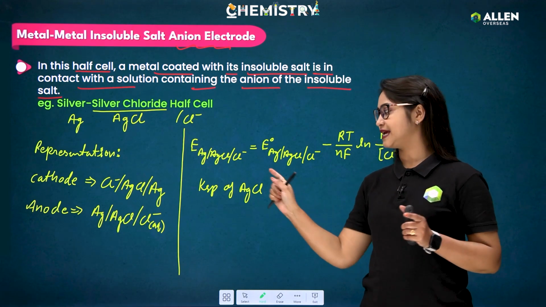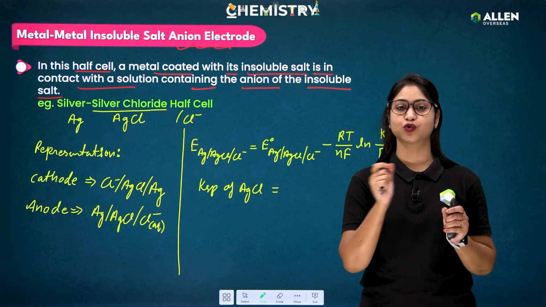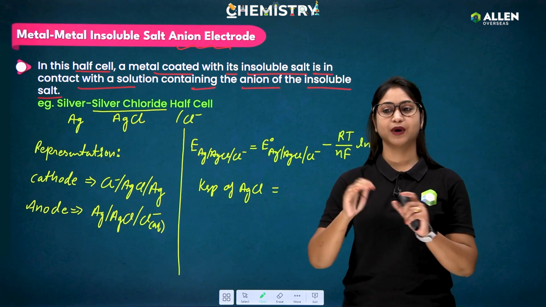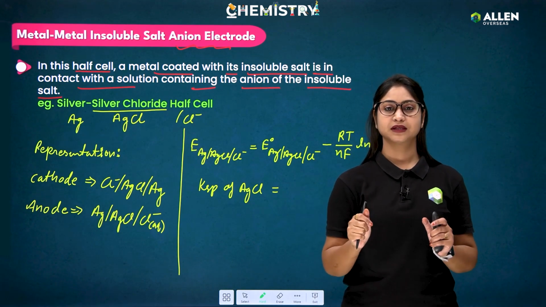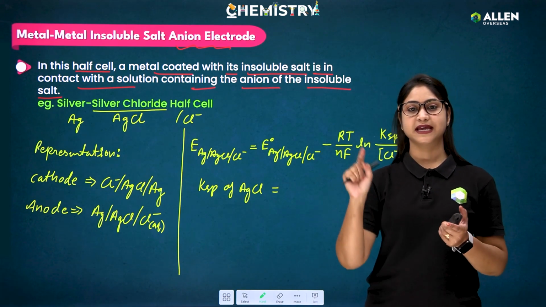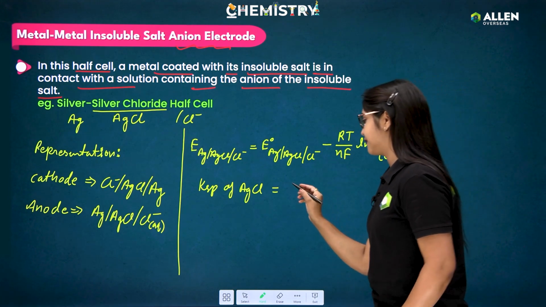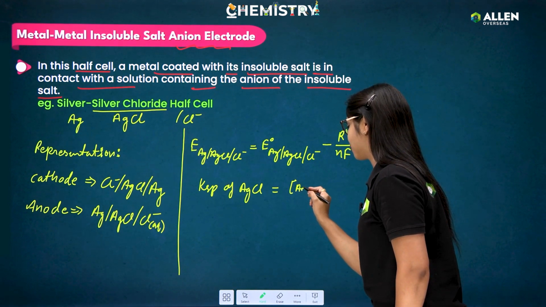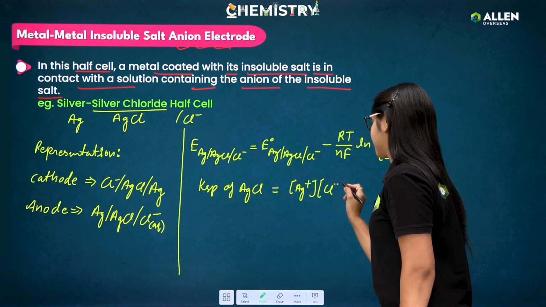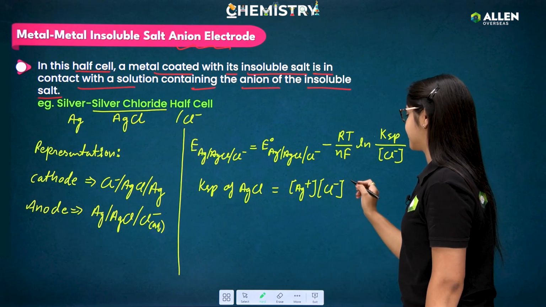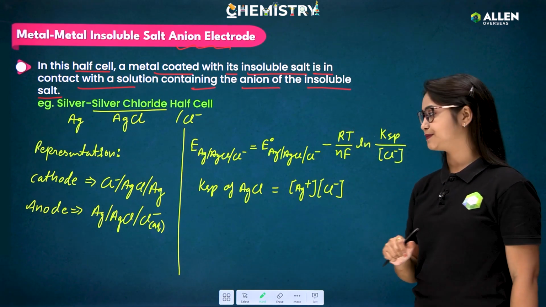Like suppose in AgCl we have only one Ag plus ion and one Cl minus ion, so the number is 1, 1, right? But when you have 2 cations and 3 anions in one salt, then you have to take that number as the power of the ion. For example, here we have Ag, so the number is 1, so raised to power 1 into Cl minus raised to power 1, right? So this is how we calculate the KSP.